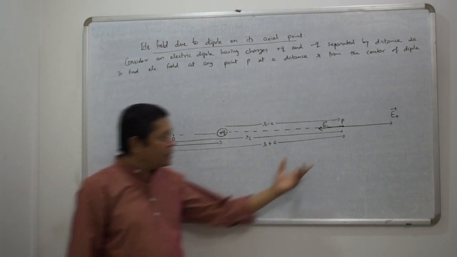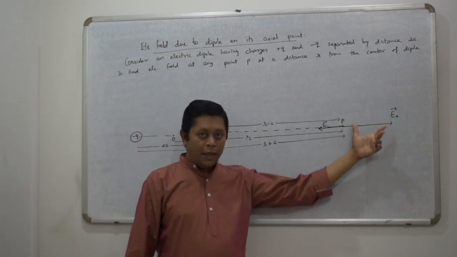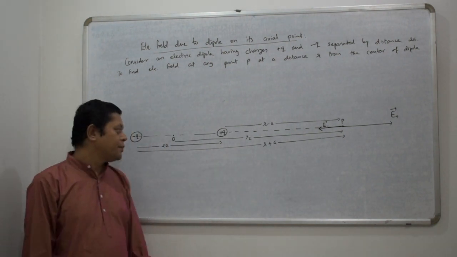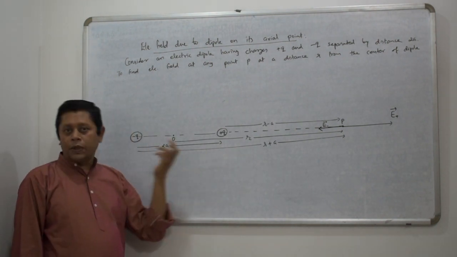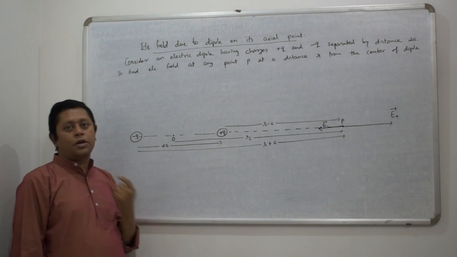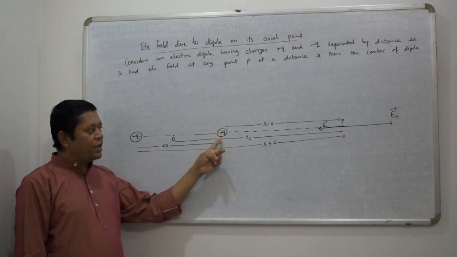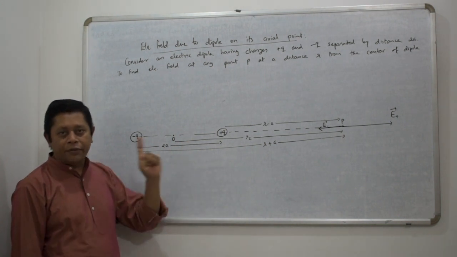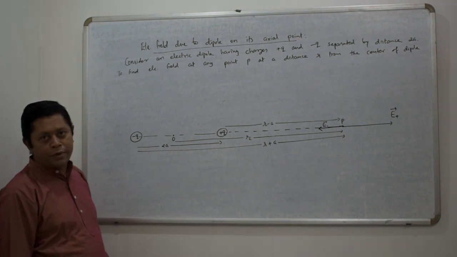You can also see that the arrow length is different. E plus is bigger, E minus is smaller. The reason is that the electric field is not only a function of charge, it is also a function of distance. For the positive charge the distance is less, for the negative charge the distance is more, and the electric field is inversely proportional to the square of distance.